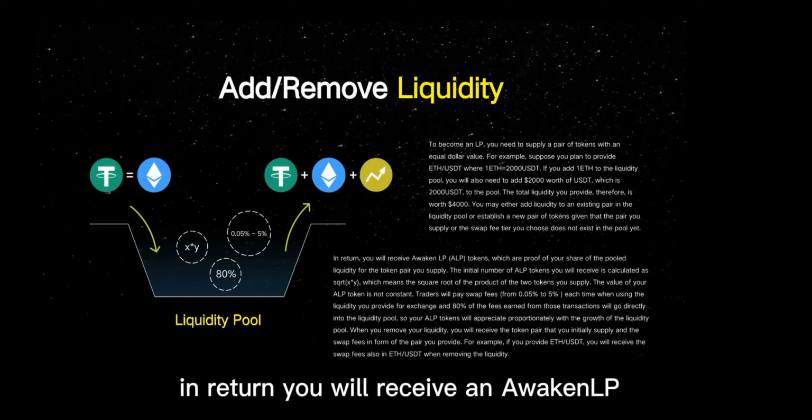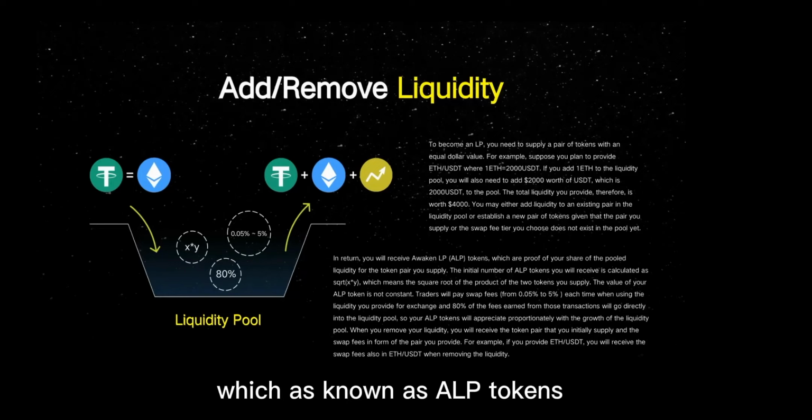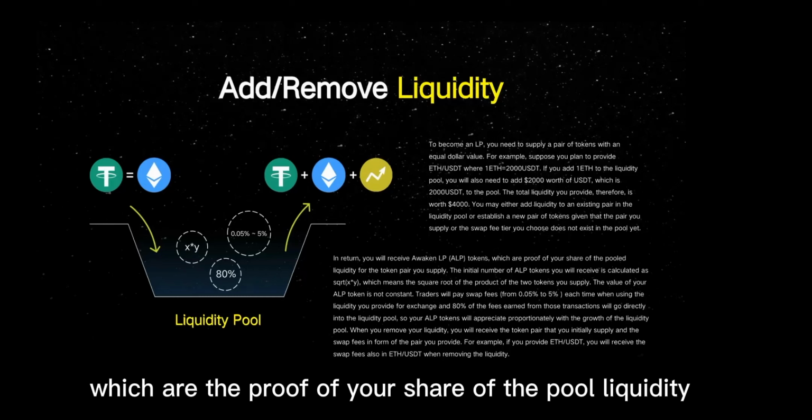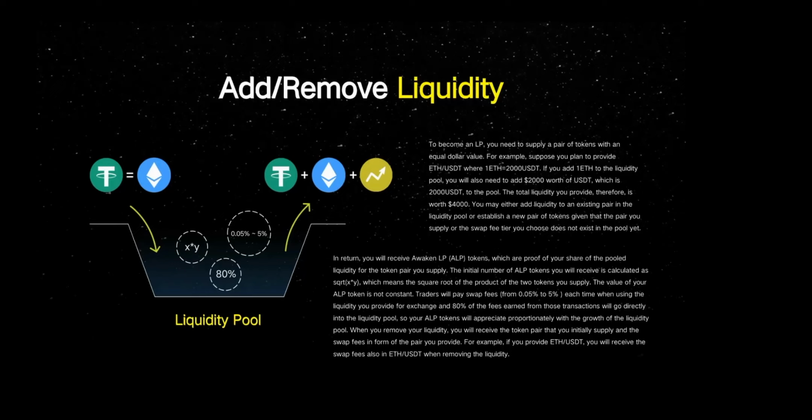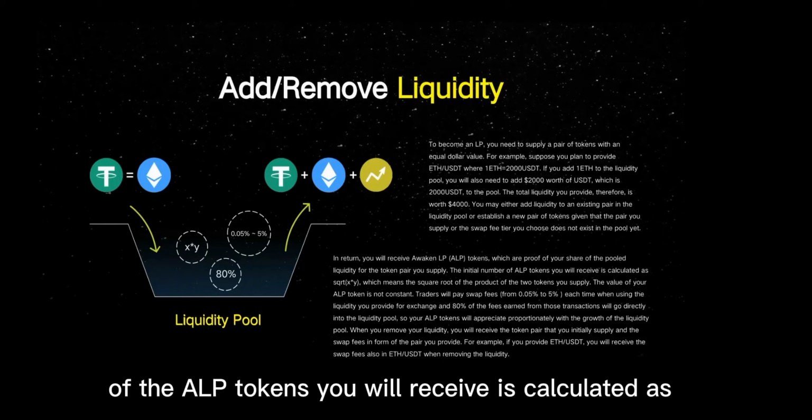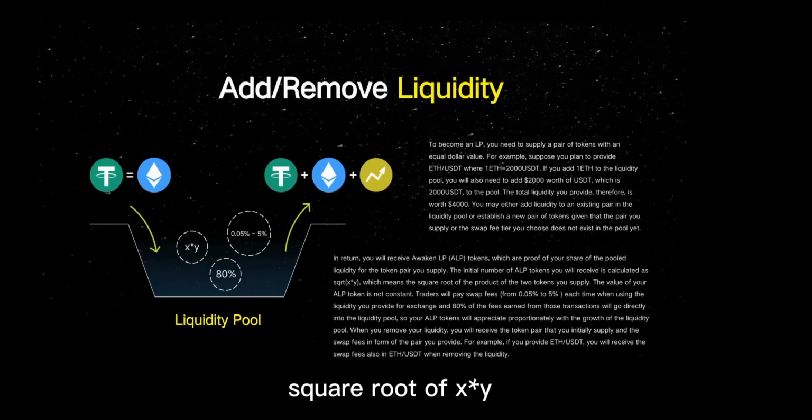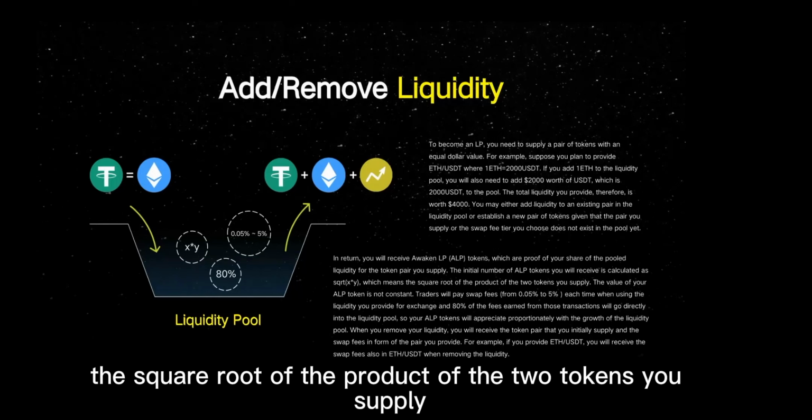In return, you will receive Awaken LP, known as ALP tokens, which are the proof of your share of the pooled liquidity for the token pair you supply. The initial number of ALP tokens you will receive is calculated as the square root of x times y, which means the square root of the product of the two tokens you supply.